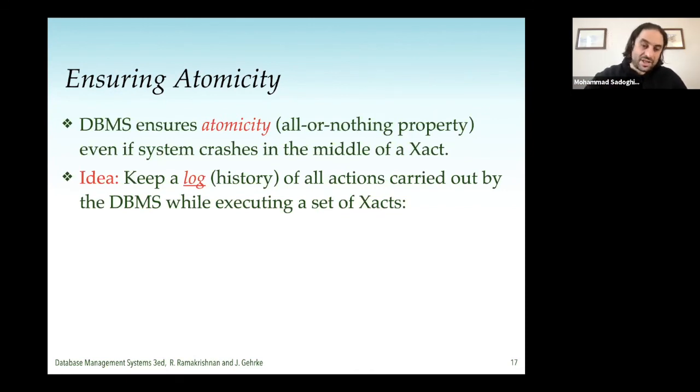So make sure that nothing is missed and there's no side effect, no noise, meaning nothing that shouldn't be there accidentally or partially lingering around. So that's the importance of the log, and that's what the log does at a high level.